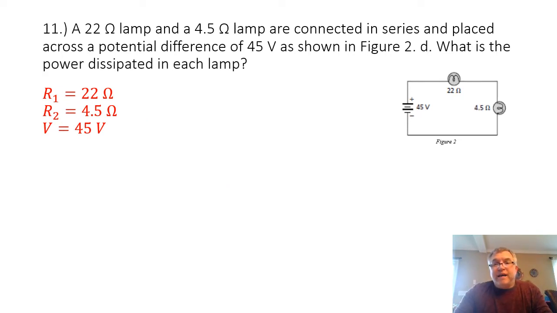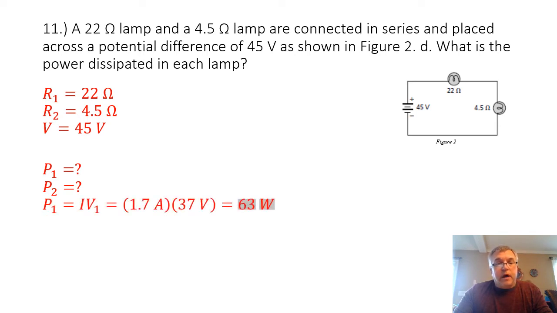Part D asks, what is the power dissipated in each lamp? So if I'm looking for the power, I know that power is equal to current times voltage, P equals IV. So if I want to find the power dissipated by the first lamp, I need to use the current, which is the same for all lamps, 1.7 amps, times the voltage of that lamp, which is 37 volts.